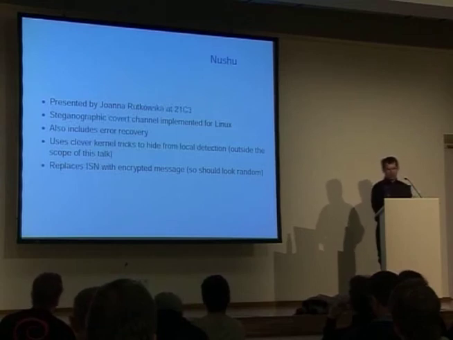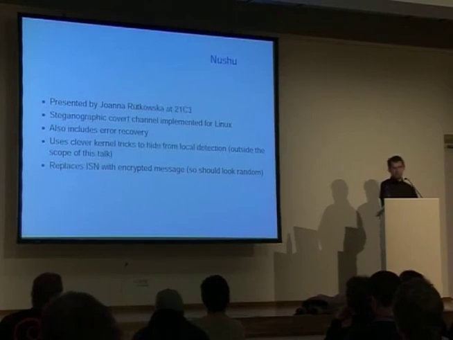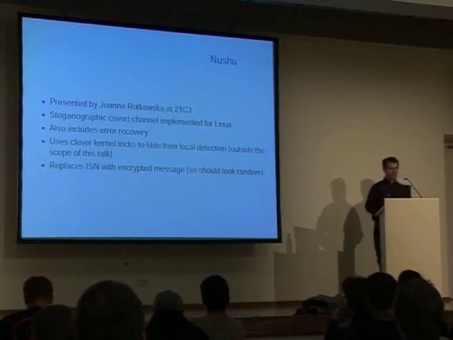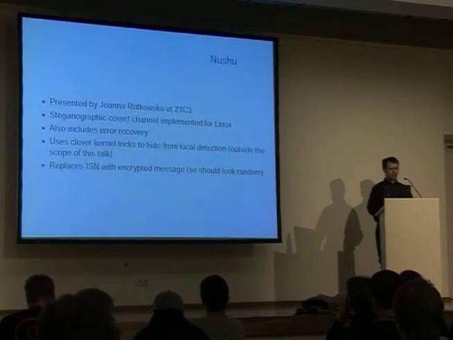The first one is NUSHU. This was proposed at the last Chaos Communication Congress, and this is what got me interested in this subject. It's been implemented for Linux. It's a very clever scheme. It has reliability. So when you send out a packet, firstly, there's reliability information embedded in it.